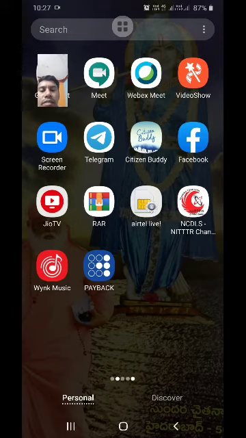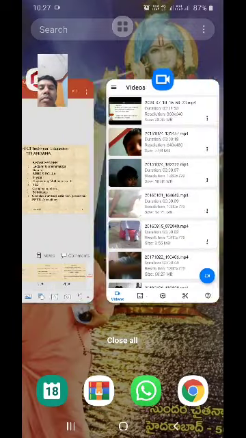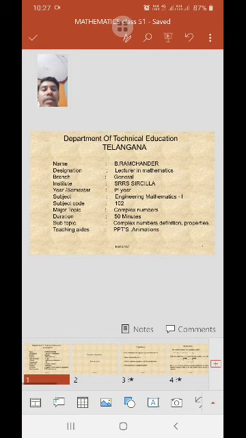Dear students, in the previous class we learned about trigonometry. In trigonometry we learned multiple and trigonometric ratios, compound angles, and multiple and submultiple angles transformations.